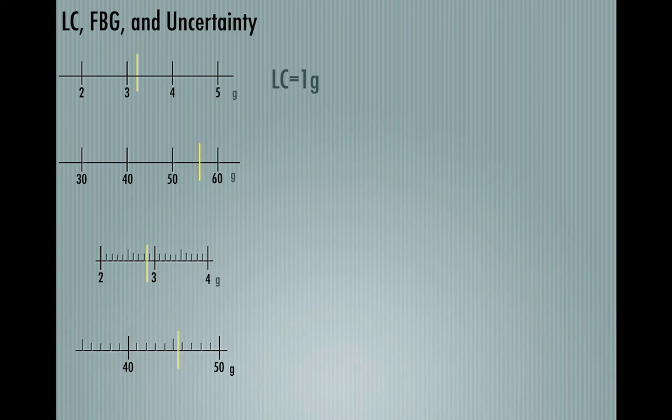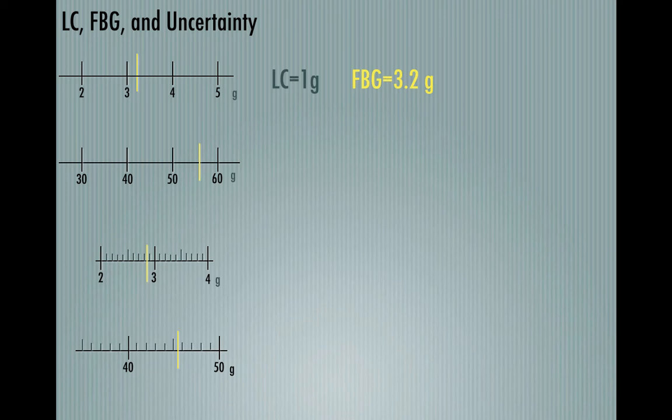So I'm going to say 3.2. Now, if you put 3.3, that's fine too. 3.1, that's not a great guess because it's clearly more than 1/10 of the way between 3 and 4. But anyway, 3.2, 3.3 work fine. Now, what about the uncertainty?